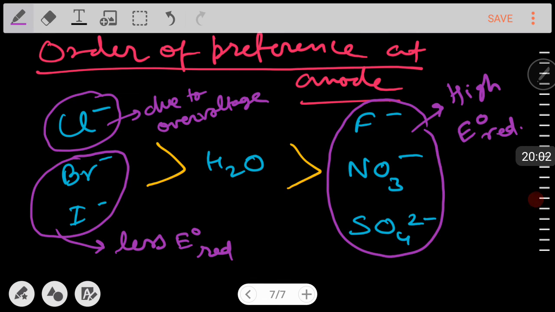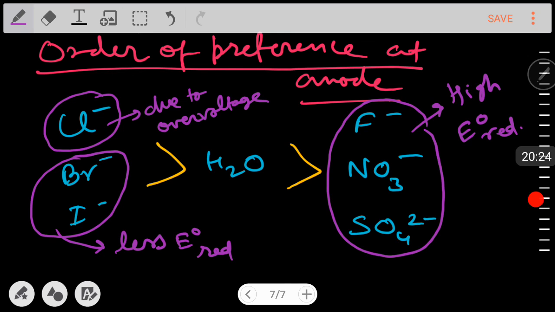Br- ion and I- ion have preference over water due to their less E naught value. Their oxidations have less E naught red value. That's why they have more preference over water.